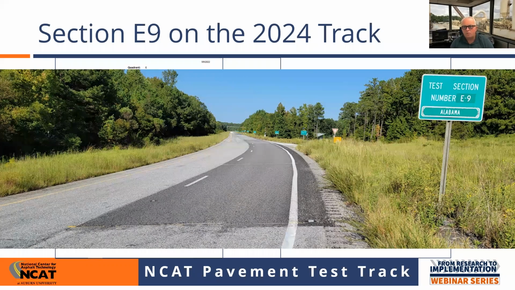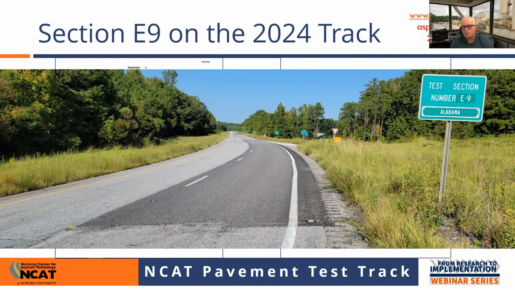And I wanted to point out to the attendees, if you want to pull up these performance reports and take a closer look at any of this stuff for section E9 or for anything else on the track for that matter, pavetrack.com is the project website, and it's cross-linked between ncat.us, so you can get there from either URL.